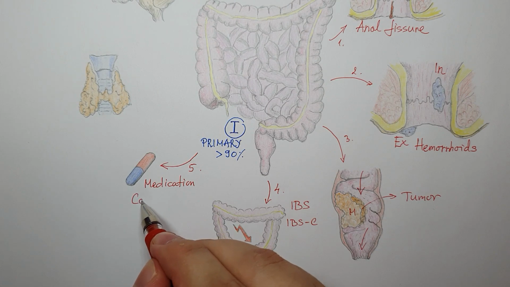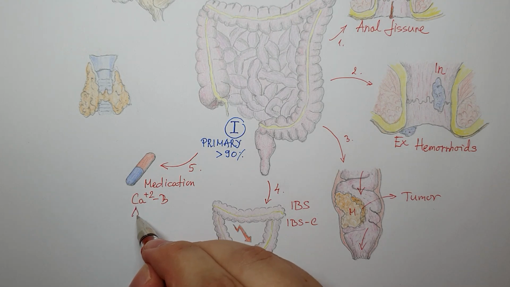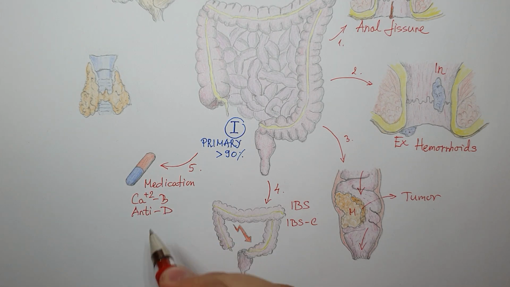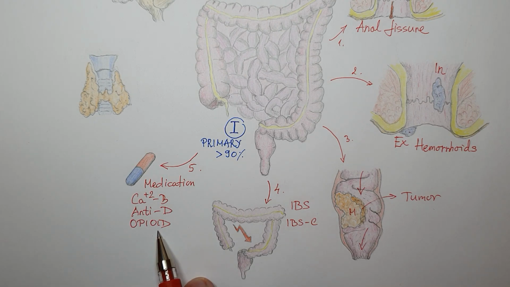For example, calcium channel blockers, many antidepressive medicines, and of course a big group, opioid medicines. If they're taken for a longer time, they will definitely give problems with stool evacuation, and these patients will definitely have a problem with constipation. Also, patients that abuse opioids always have some laxatives with them.